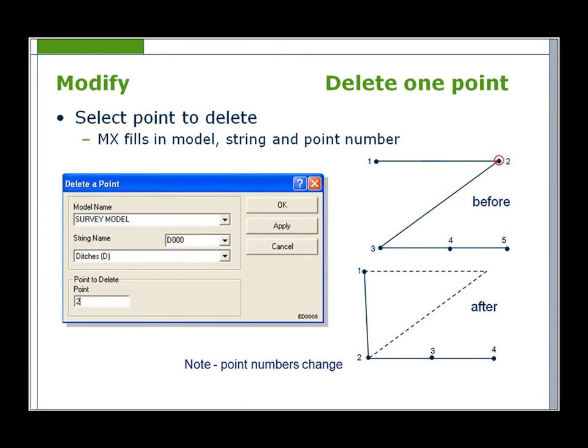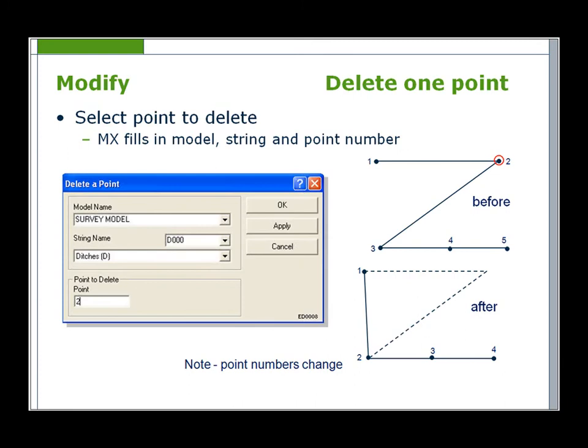Here we show how to delete a point. So we need to go to Modify, Edit Point, Delete a Point. We select the model, the string, and then the point we're going to delete. Here we're looking at point number 2. When you hit the apply button, MX deletes that point from the database, but it also deletes the links that make up that point.